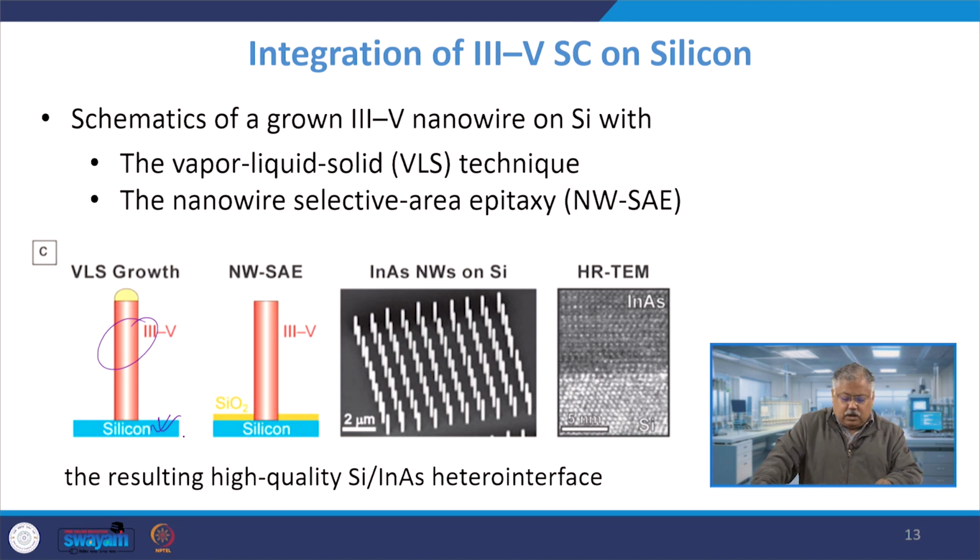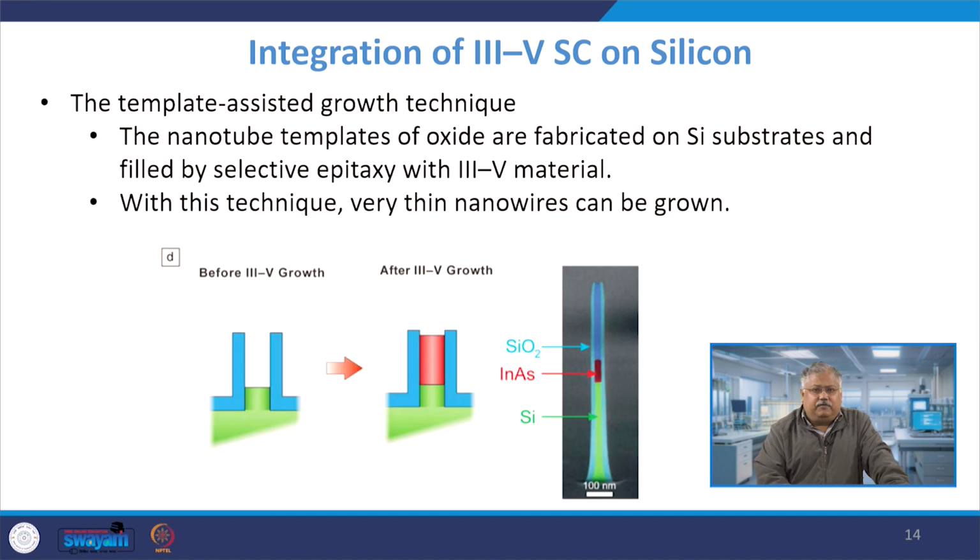And if you want to grow a nanowire, then on the right hand side, III-V nanowire, what is known as selective area epitaxy, SAE. So you don't have to do an epitaxy on the whole area. Only in those areas where you want to effectively grow the III-V semiconductor, you can grow it using nanowire selective area epitaxy. On the right hand side, you can see the nanowire TEM image available to you.